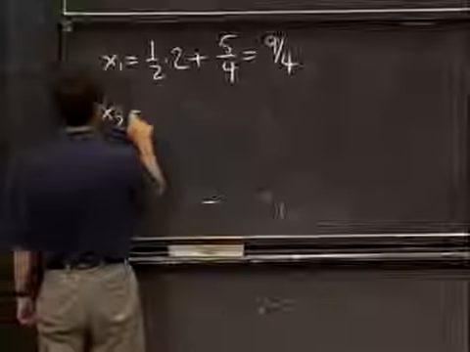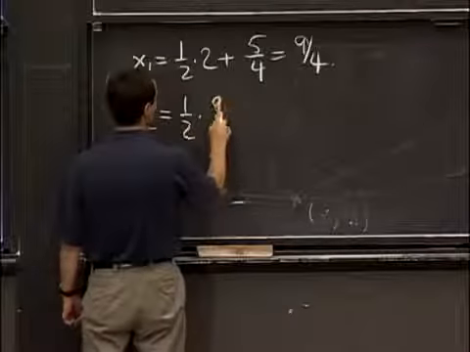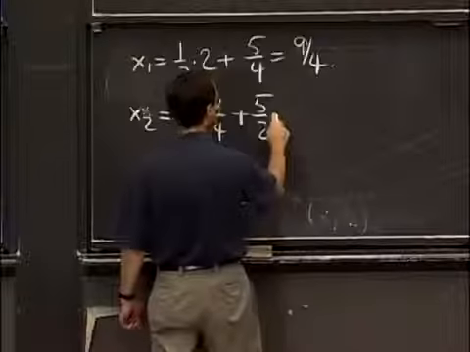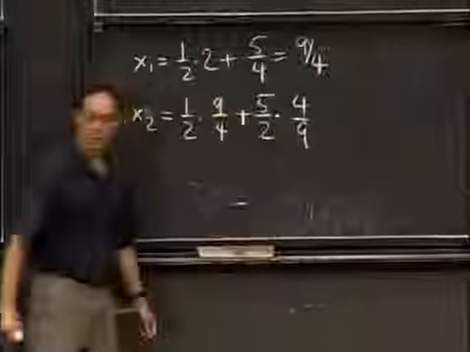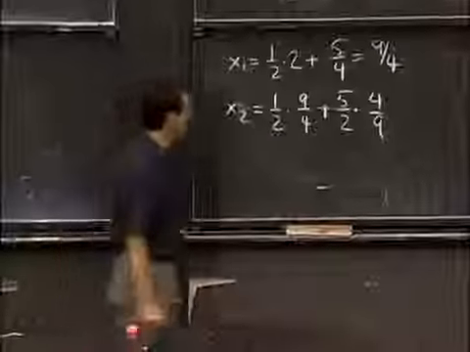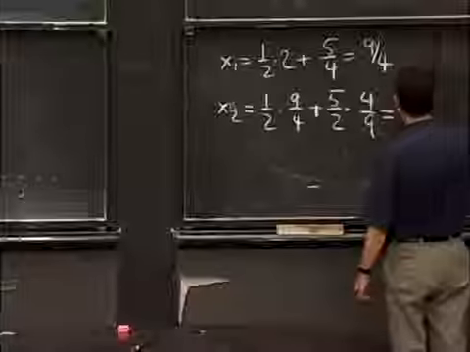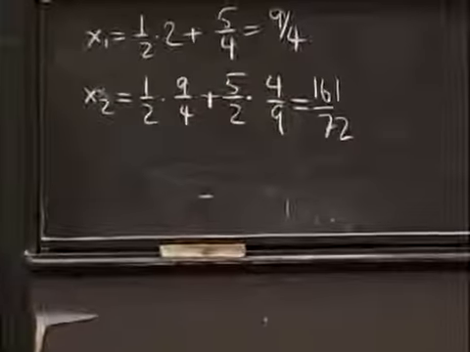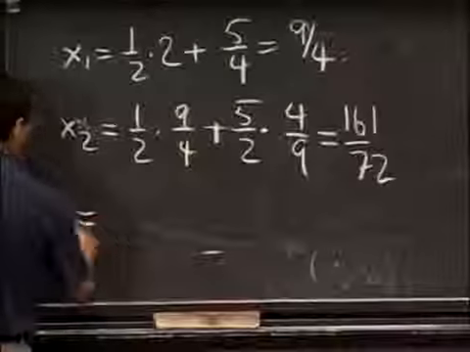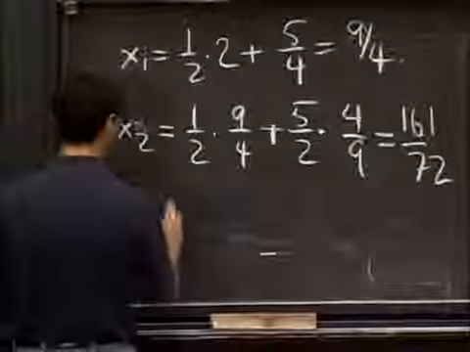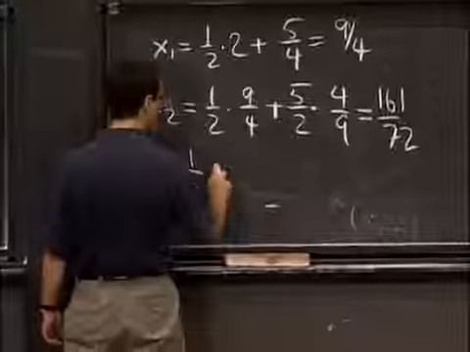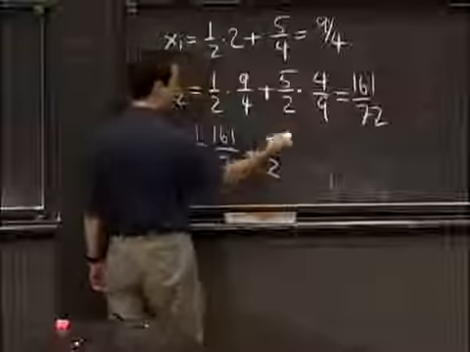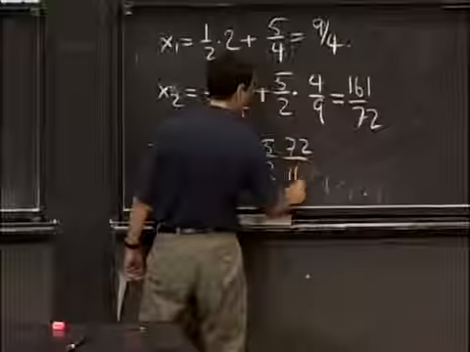And x2, I have a half times 9 fourths plus 5 halves times 4 ninths. That's the next one. And if you work this out, it's 161 over 72. And then x3 is kind of long, but I will just write down what it is so that you can see it's a half of 161 over 72 plus 5 halves times the reciprocal, 72 over 161.